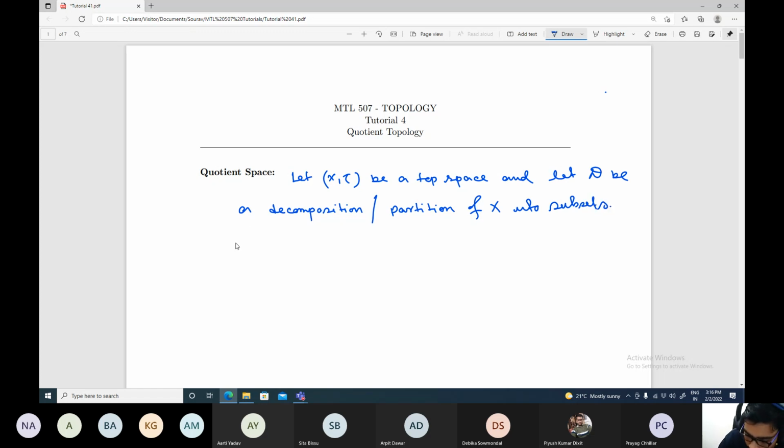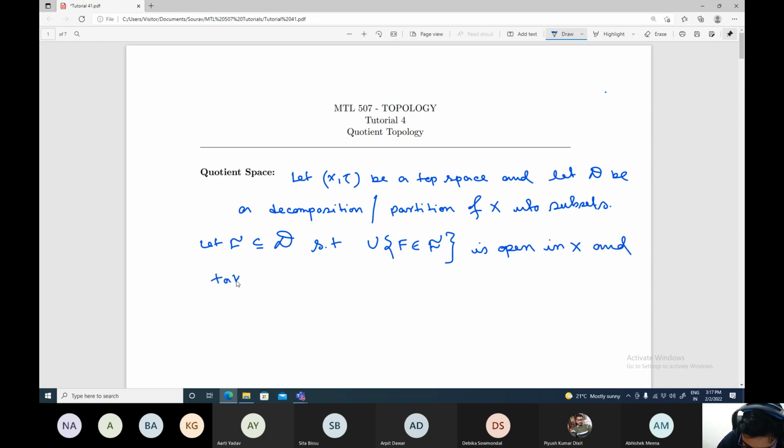Now let us take a subset script D such that we take the union of these F, where F belongs to script F, is open in X. Take sigma to be the collection of all such script F, right?